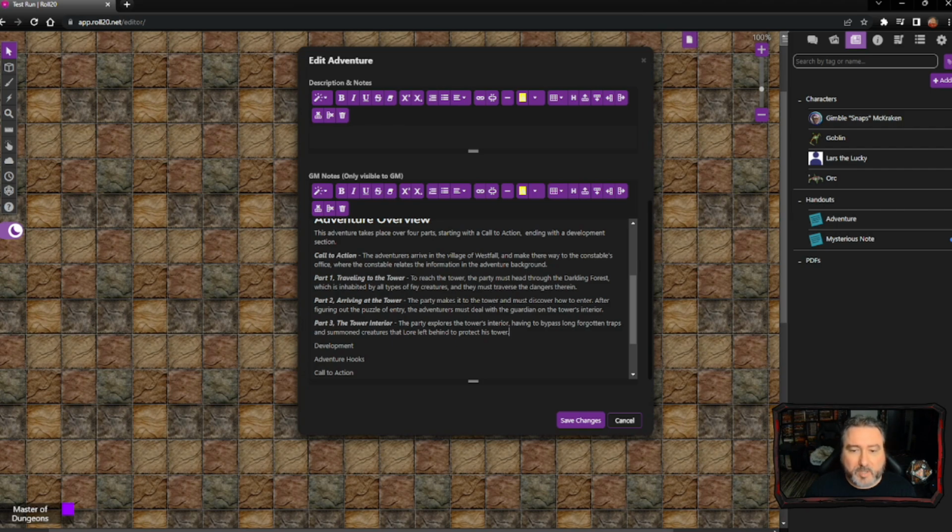So the party is going to explore the tower's interior, having to bypass long forgotten traps and summoned creatures Lore left behind to protect his tower.